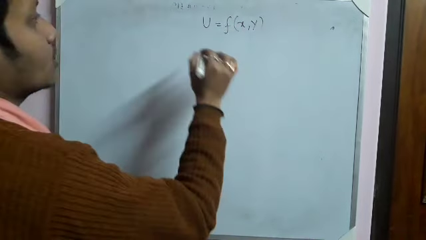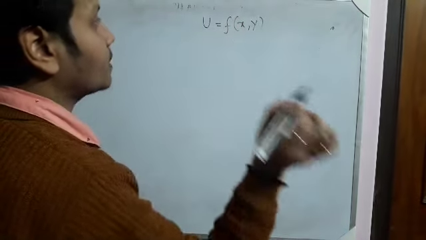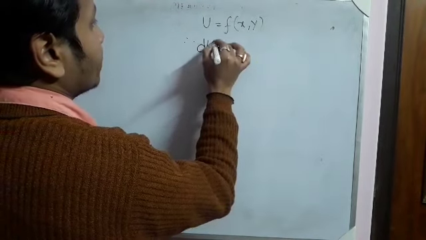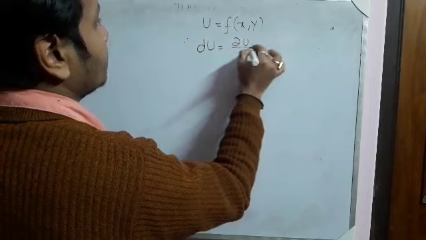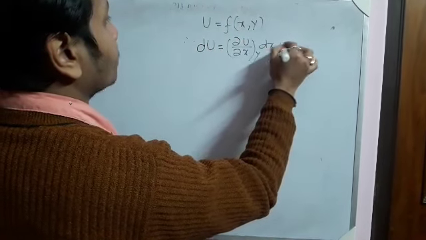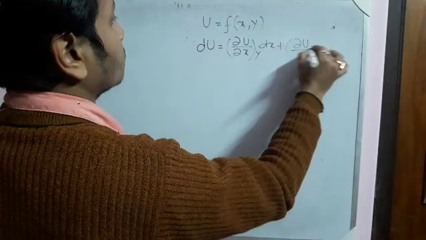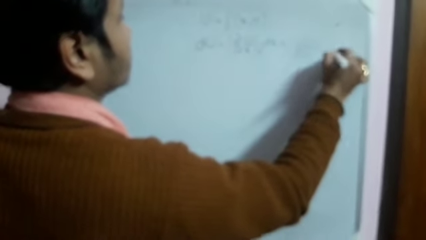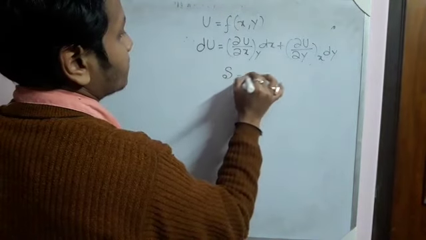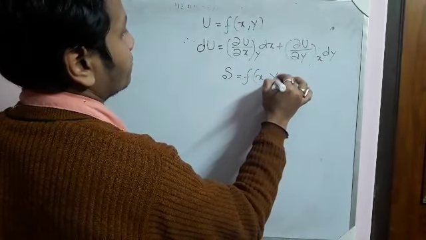Since du is a perfect differential, we can write du equals del u del x at constant y dx plus del u del y at constant x dy.